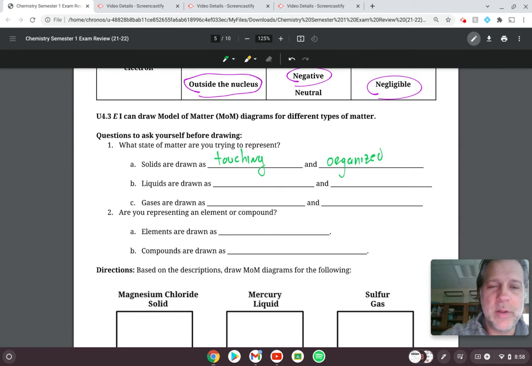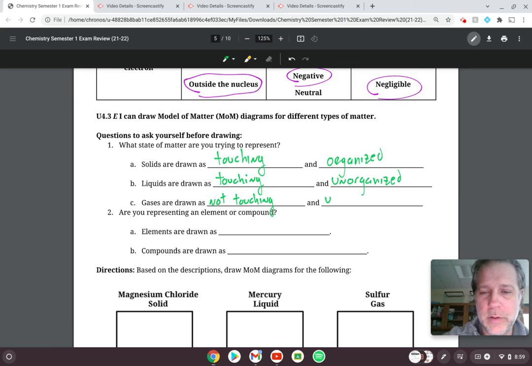Liquids are drawn with the particles touching, but unorganized. And gases are drawn with the particles not touching, and unorganized.